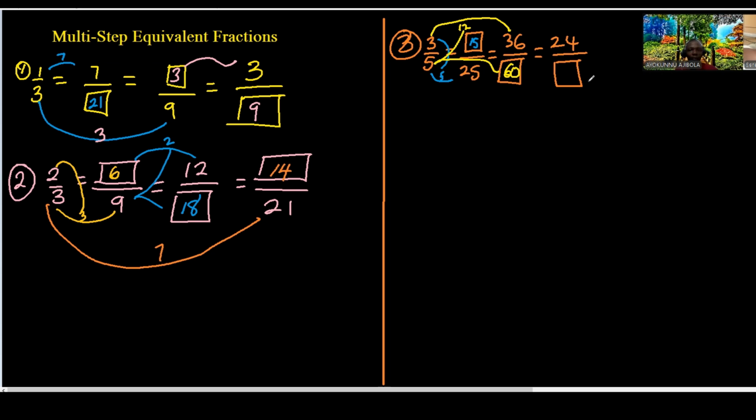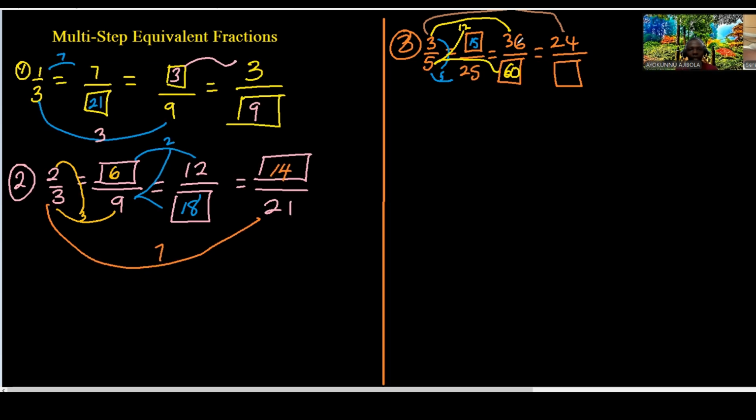And then you compare 24 with 5. But 5 is at the bottom, 24 is at the top. You compare the number that's at the top with the number at the top. 36 has to be compared with 24.